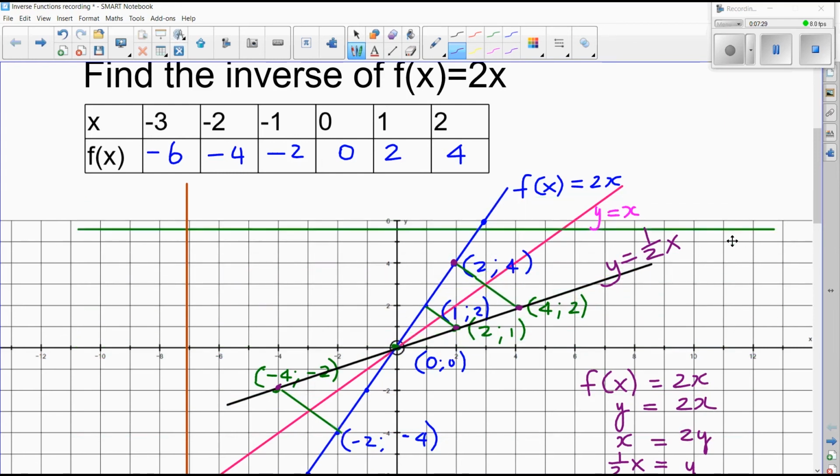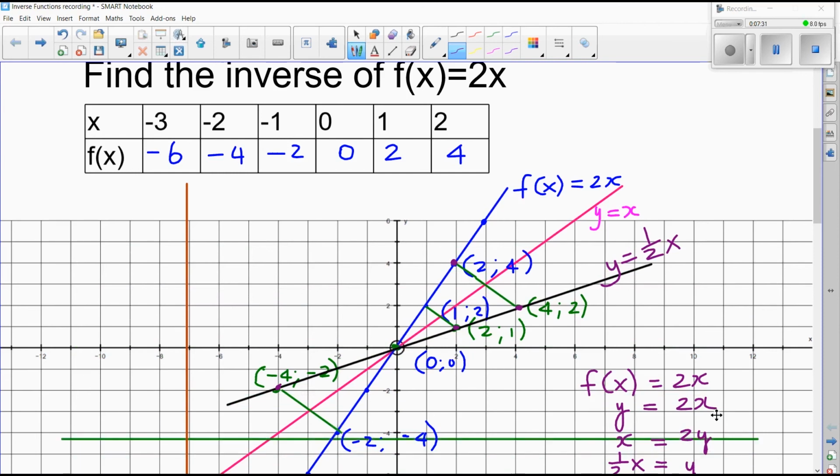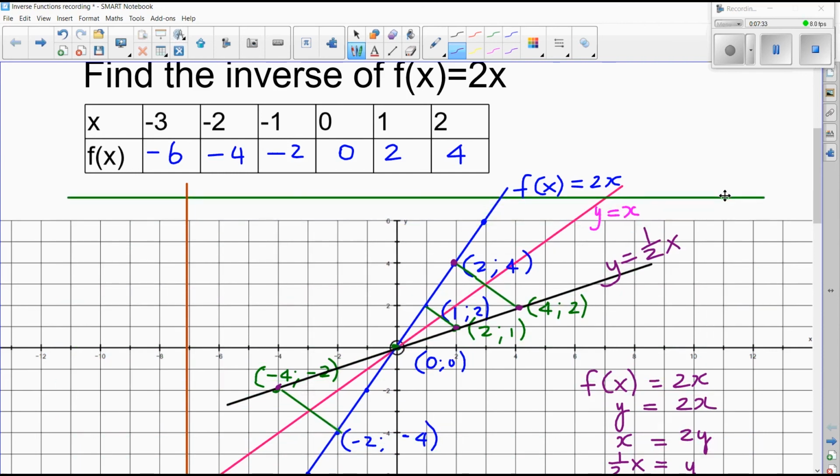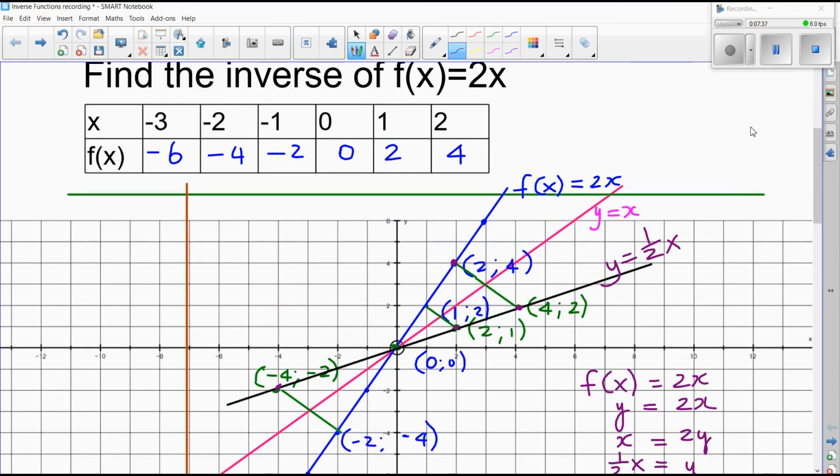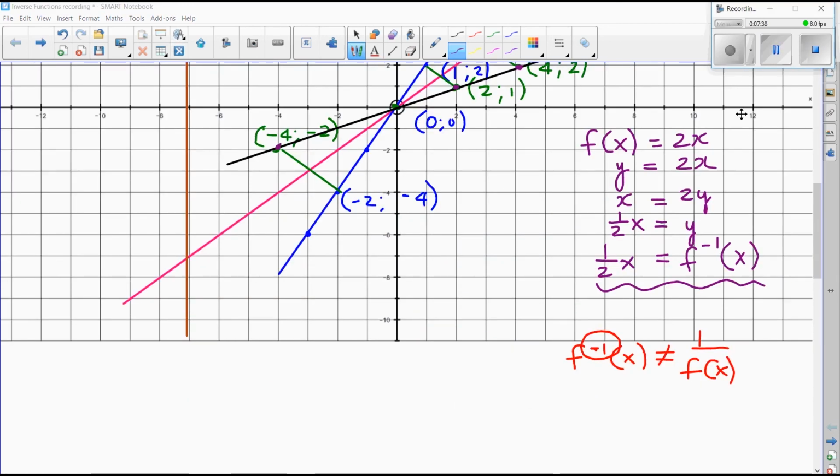So any graph that is a one-to-one function will always have an inverse that is a function. Just to recap, my linear function f of x equals 2x is what I called a one-to-one function. And so because it is a function, it has an inverse. And I see that my inverse is also a function.